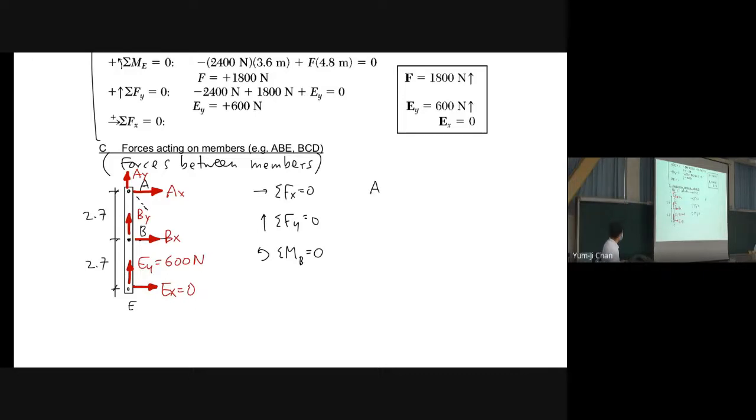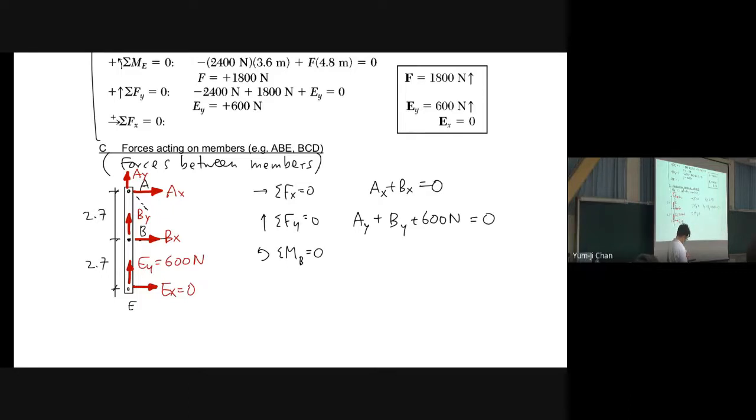And we will get the following equations. For Fx equal to 0, because Ex equal to 0, we only have Ax and Bx. Ax plus Bx equal to 0. And for Fy equal to 0, it is Ay plus By plus 600 Newton equal to 0.